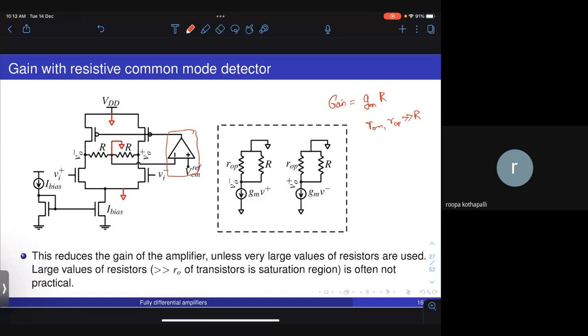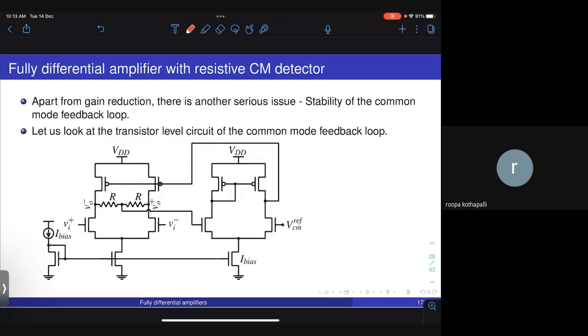amplifier just using a symbol of the op amp or any single stage amplifier. What we have done here is we have actually put it in using a simple differential amplifier for implementing the common mode feedback. So this is a simple amplifier which takes the difference of these two inputs and produces a gain times the output, which then drives the PMOS transistors in the feedback loop.